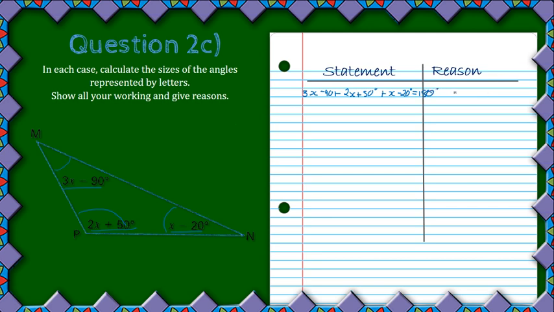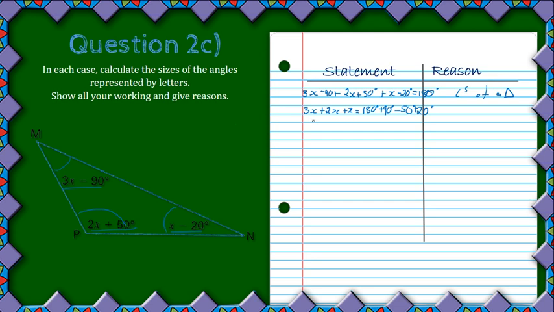So my reason is simply angles of a triangle, and then I solve for x. So we have all our x's already on the one side, so I'm going to say that 3x plus 2x plus x is equal to, and then take the others over to the other side. So this minus 90 becomes plus 90 over here, and then this plus 50 becomes minus 50, and this minus 20 becomes plus 20 degrees.